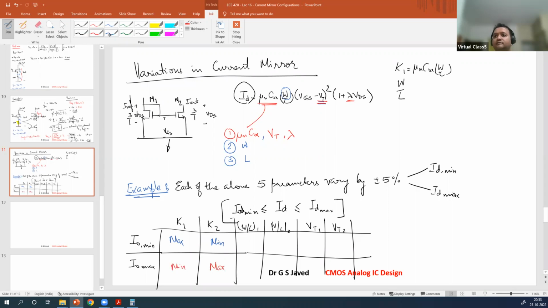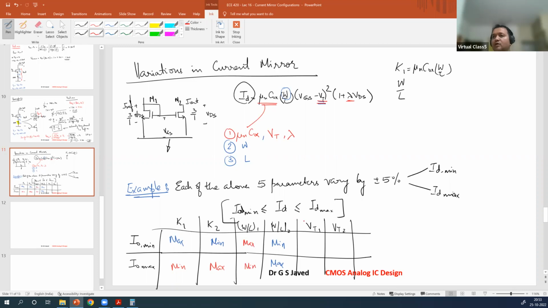Next, W by L ratios. If W2 varies more, then W by L will become min. Now, when will W2 become more? When W2 has max condition, W2 will be more. So this will be max, this will be min. And when this is min, the max condition will go here.